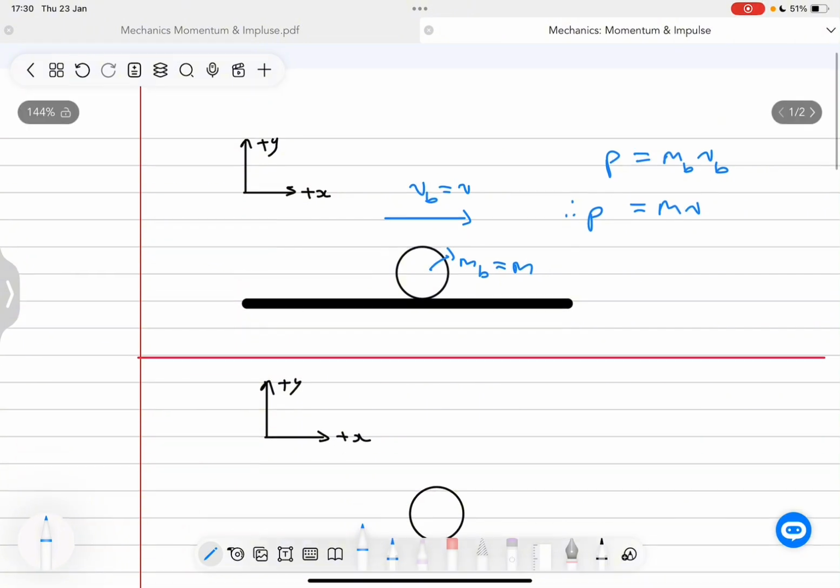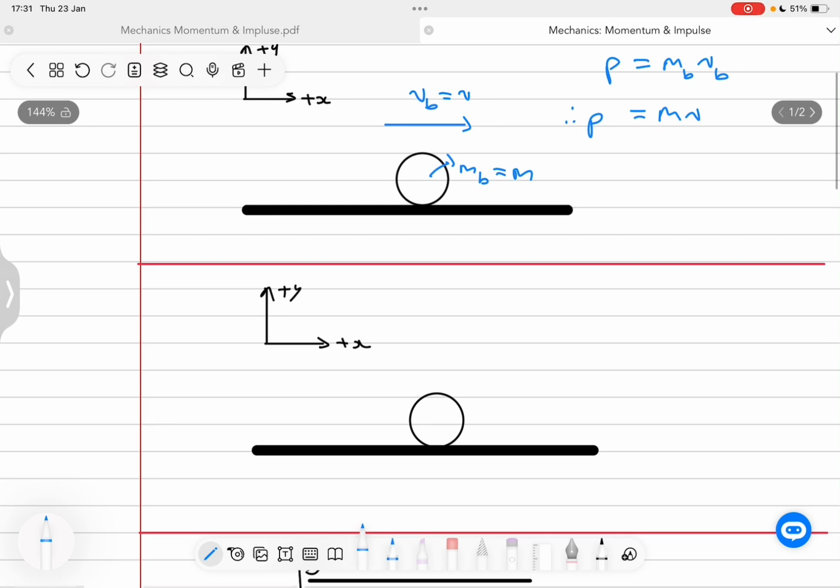Now to explain direct proportion, suppose that the same object, which has a mass of the ball equal to m, now moves faster, meaning the velocity has been increased. So we have a new velocity of the ball. I'm going to call it v prime.